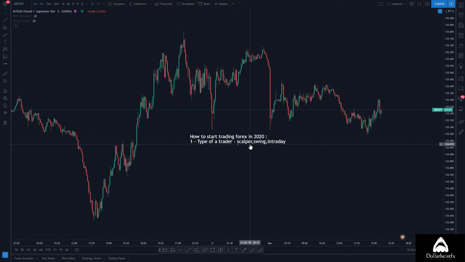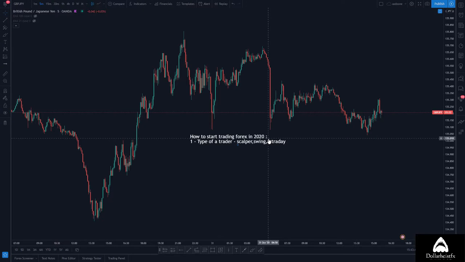The swing trader basically gets into a trade today and might get out of the trade maybe around next week or maybe around next month. The duration of holding that trade is longer. Intraday is somewhere in between a swing trader and a scalper.